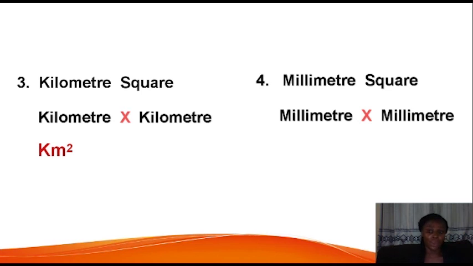And millimeter square has a symbol too. The symbol is mm square. That is a short way of writing millimeter square. Instead of writing millimeter square in words, you write it as mm square whenever you are solving.